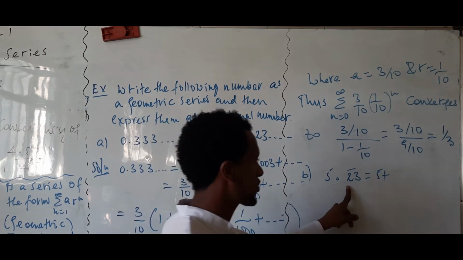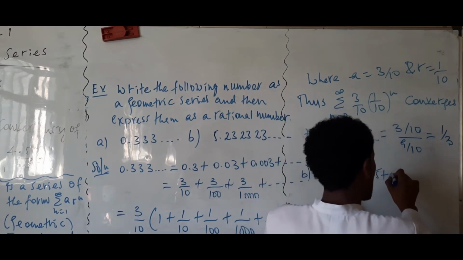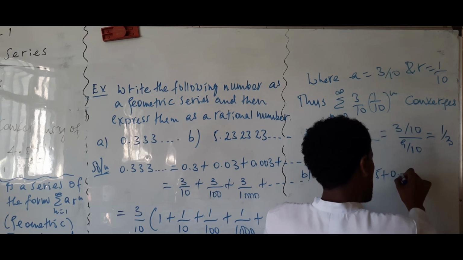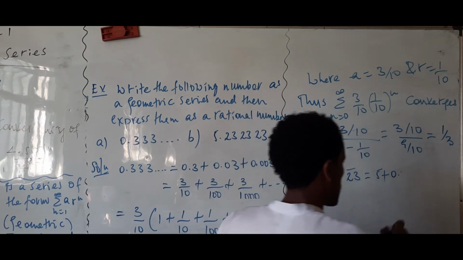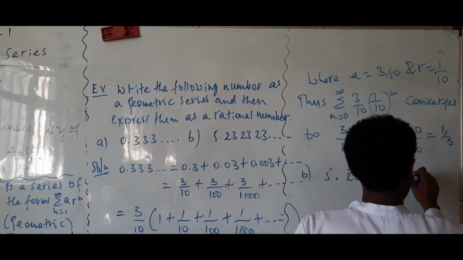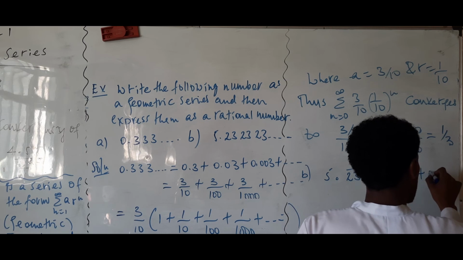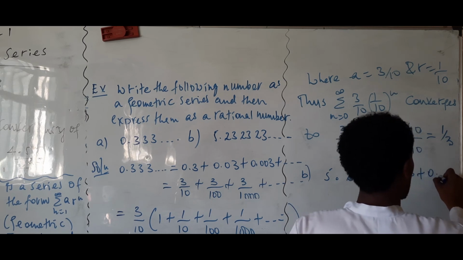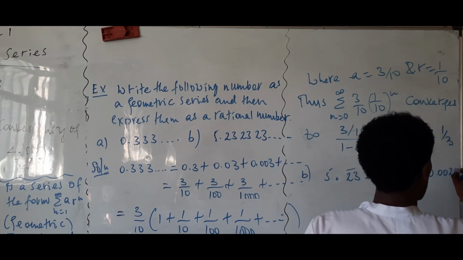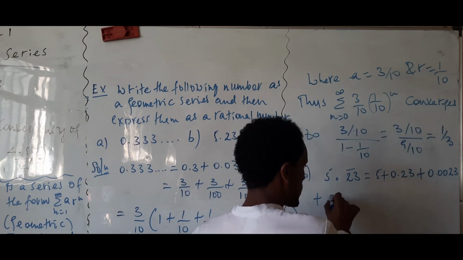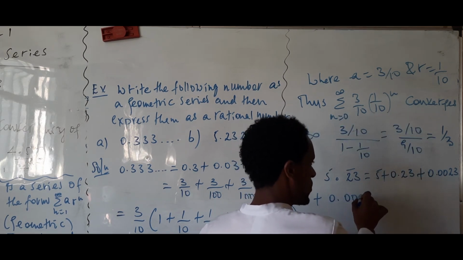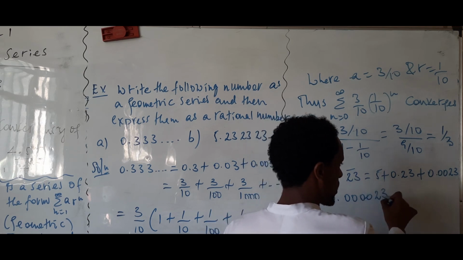This one is equal to 5 plus 0.5 plus 0.23 plus 0.0023 plus 0.000023 plus.